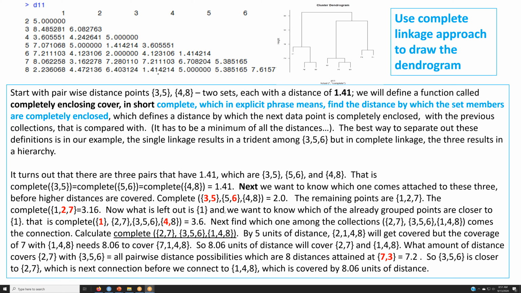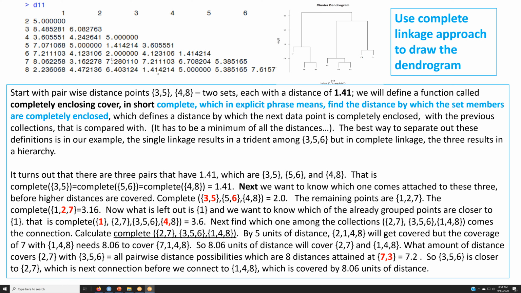When we reach 2, you can graphically see the 6 is coming together with, in this case, 3 and 5.